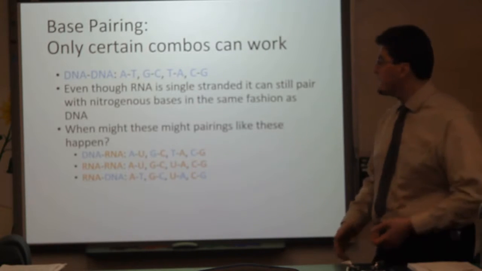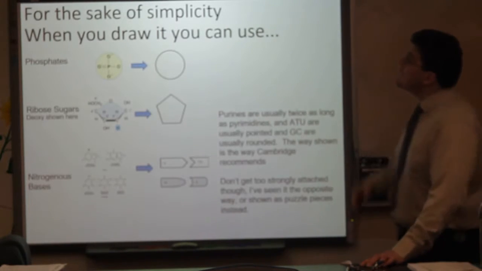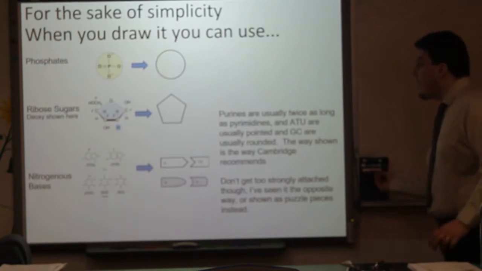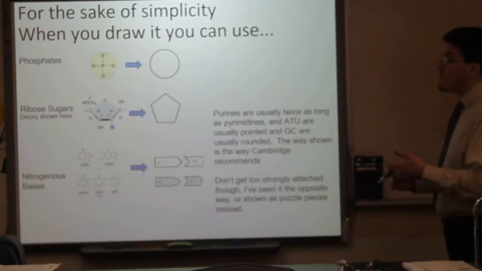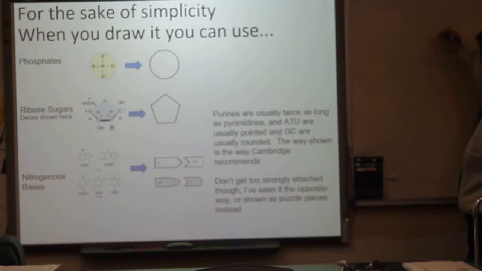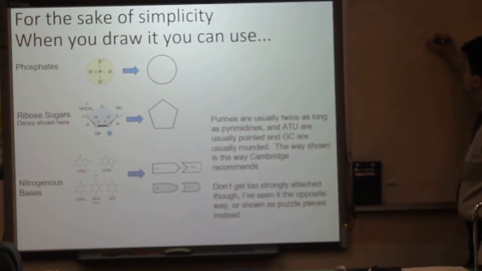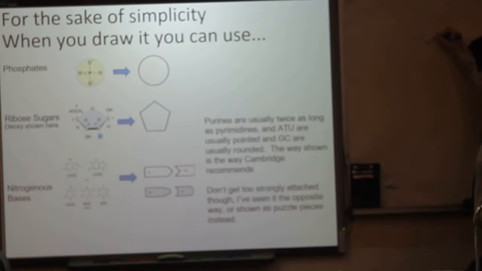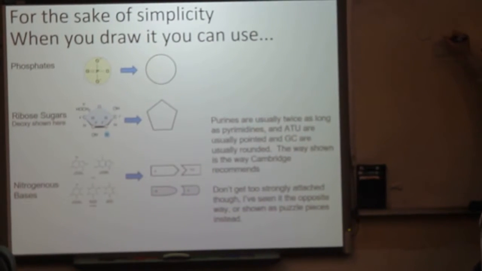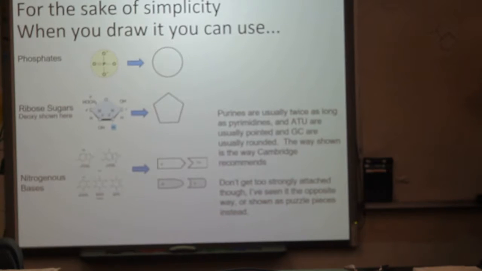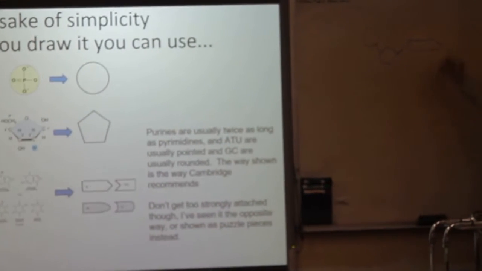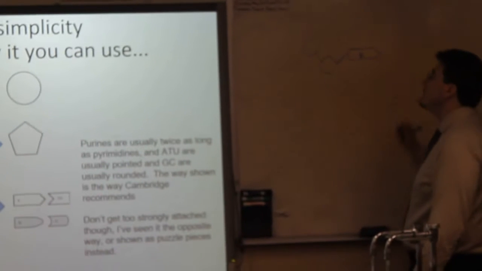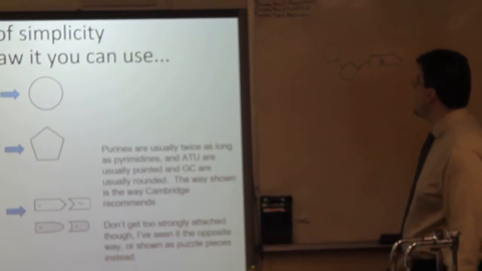C always with G. Now, for the sake of simplicity, when you are going to be drawing nucleotides, you can draw phosphate groups as a circle, bonds as sticks, pentose sugars, no matter whether they are DNA or RNA, as a pentagon, and your bases as some kind of arrow stick. But you must label if they are adenine or thymine or guanine or some such.